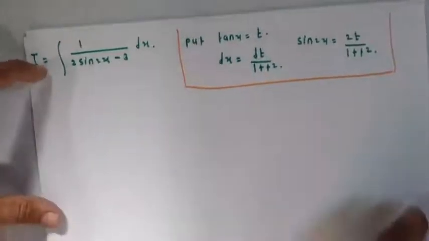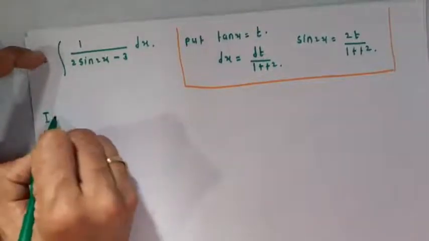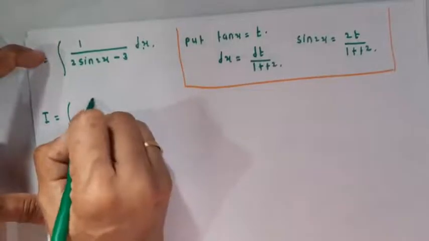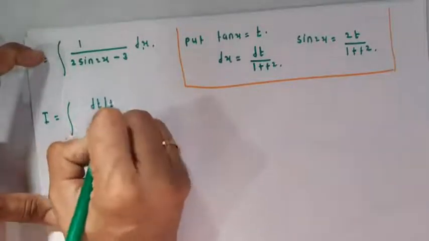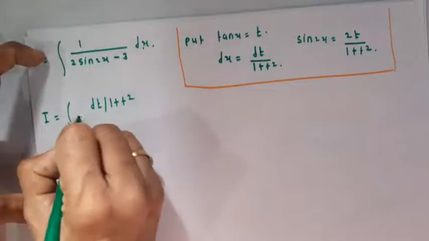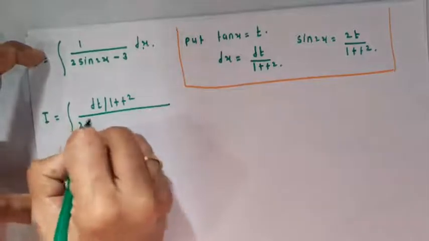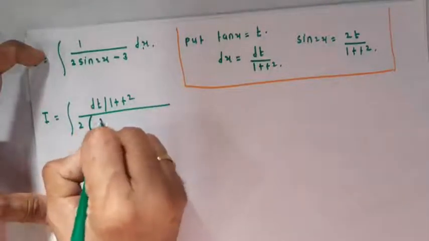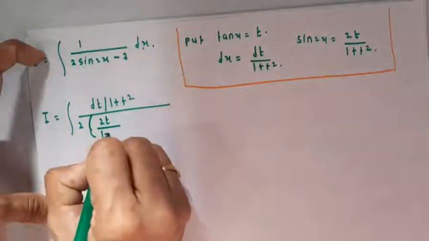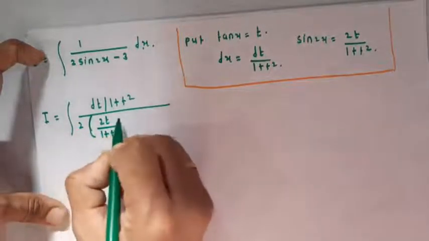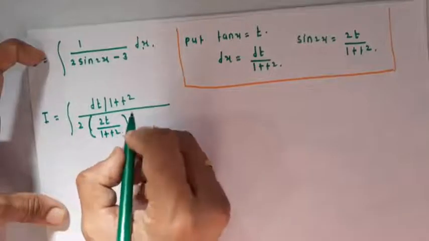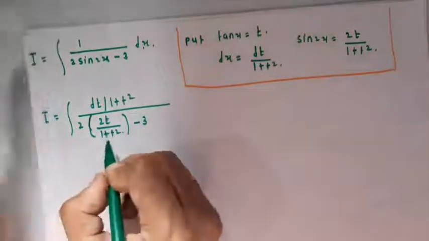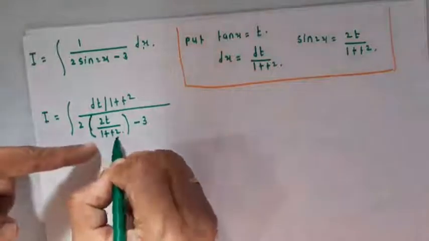Now the integration equals dt upon 1 plus t square, divided by 2 into 2t upon 1 plus t square minus 3, and hence the LCM at the denominator will be 1 plus t square.